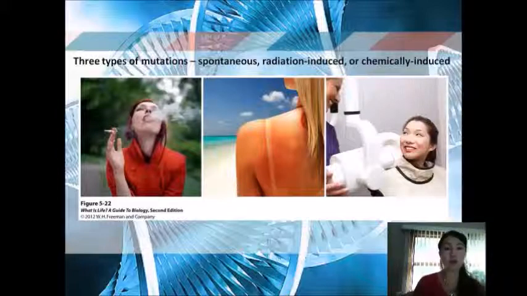And so that may not cause anything to happen to you, but if that UV radiation hits your cells at the exact moment when they're dividing, and they divide and have a mutation in them, then that may be when skin cancer occurs. And so those are basically taking chances with your cells.